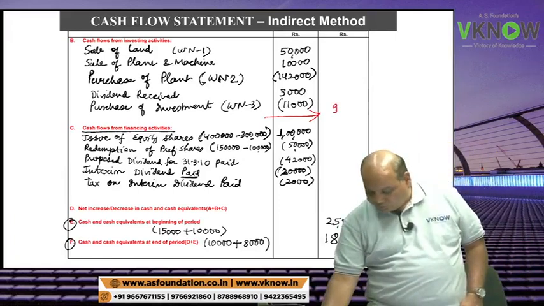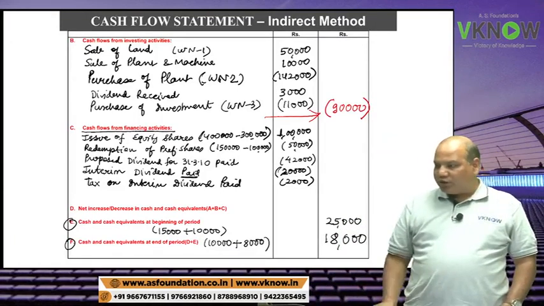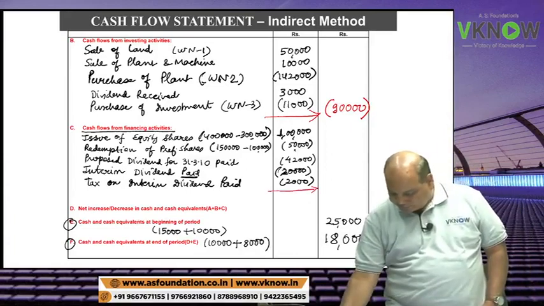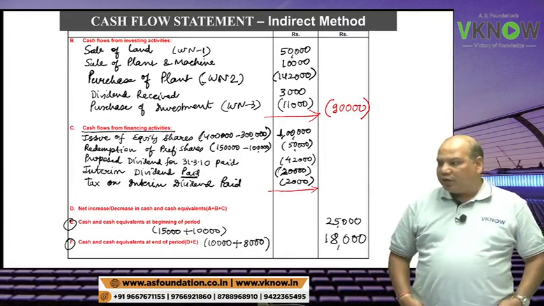So this investment activity is 90,000 negative. Check the answer. 90,000 negative. Investment activity final answer.